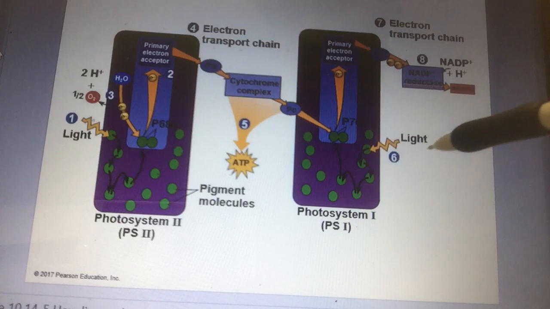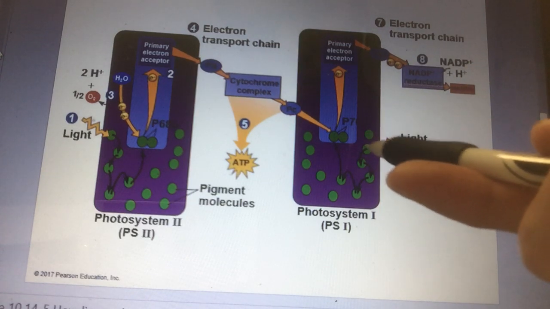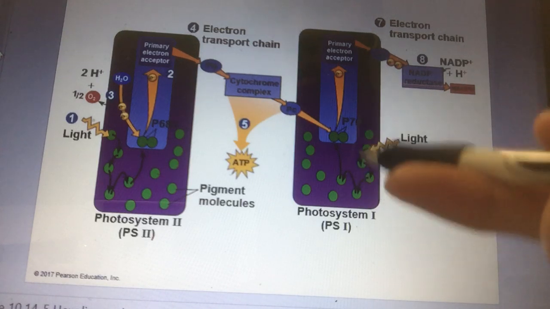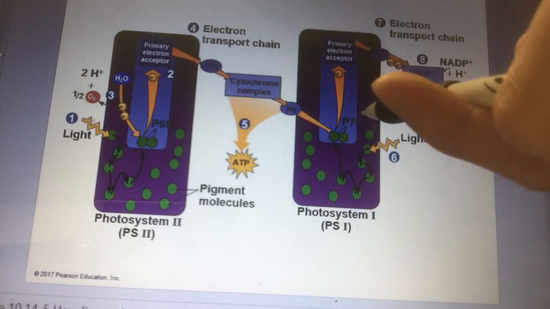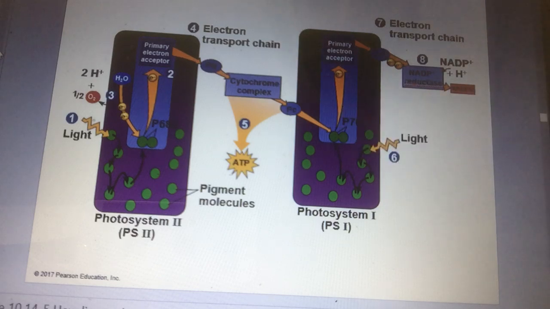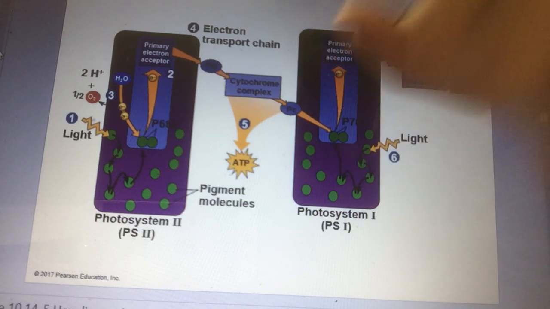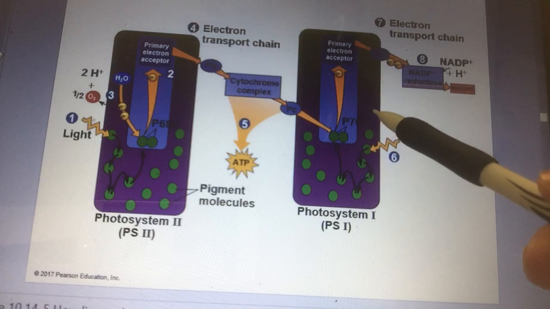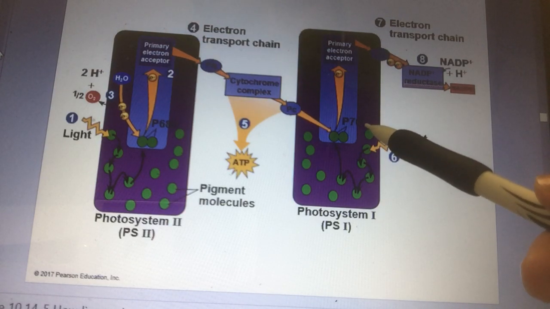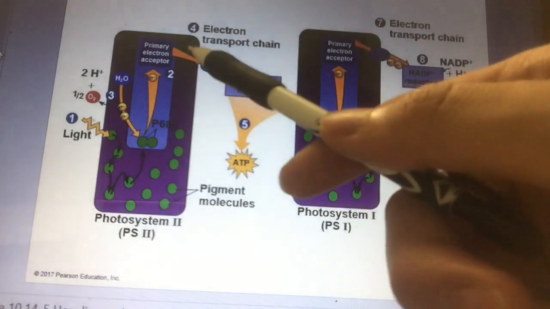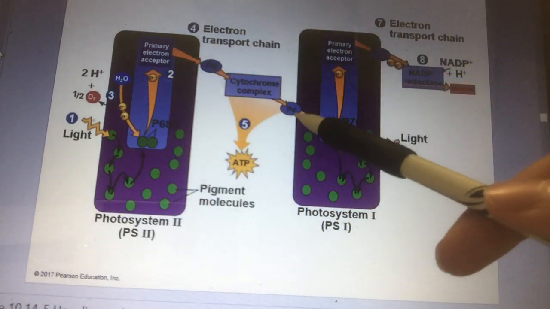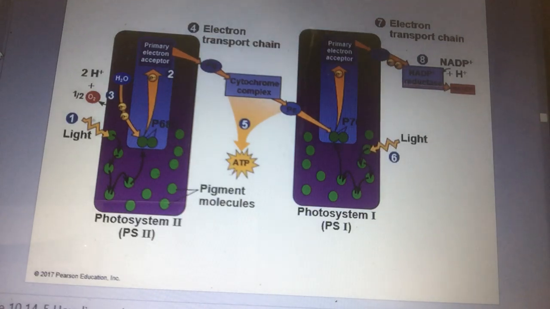In photosystem 1, a photon will hit the photosystem on its light harvesting complex, and the energy will be transferred from one pigment molecule to another as well and go to P700, which excites the electron, causing it to go into the acceptor, and this becomes P700 plus. It's then reduced back by the electron that was going through the chain. The electron will go to P700, reducing it from P700 plus to P700. So that's step 6.